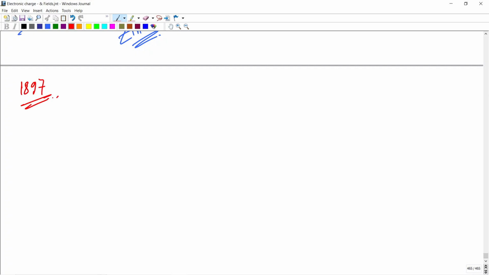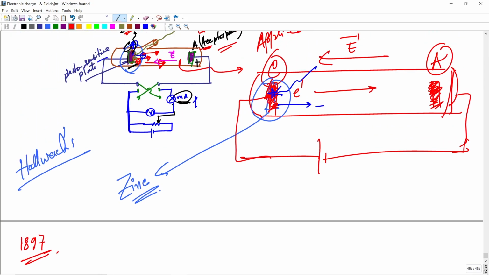They observed that the emitted electrons from the C plate move towards the plate A. They observed that electrons are not emitted at all unless we have some frequency.